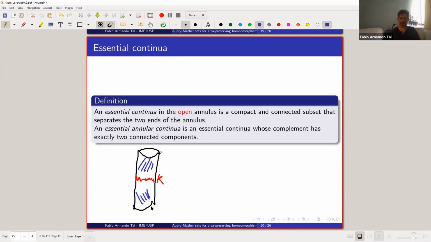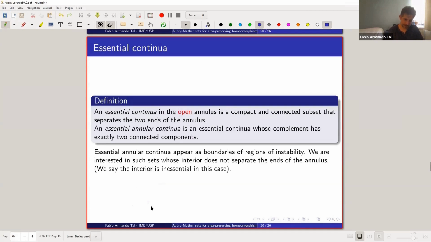A simple example is just an essential circle. You can find essential circles. This is sometimes invariant by dynamics. And the thing is, these kinds of objects appear naturally as the boundary of regions of instability.